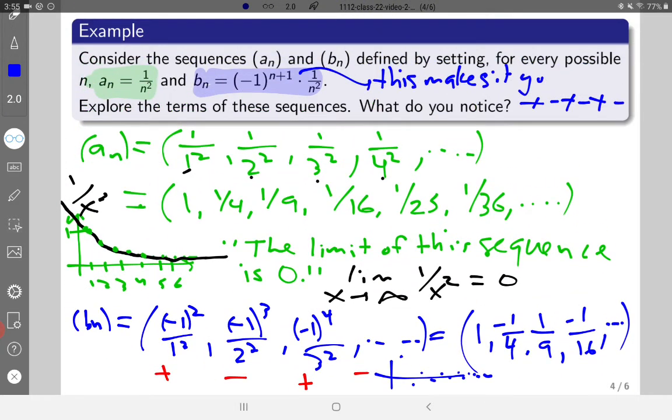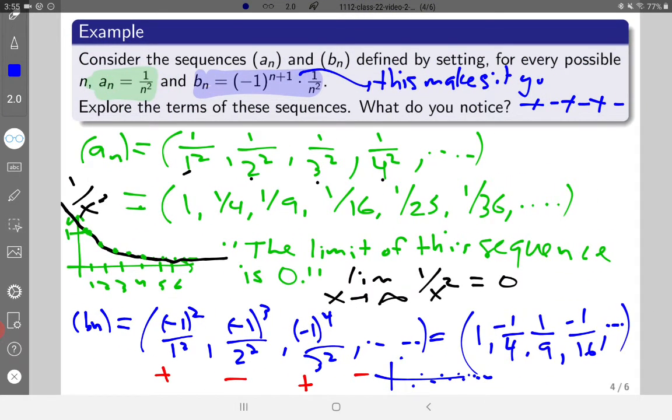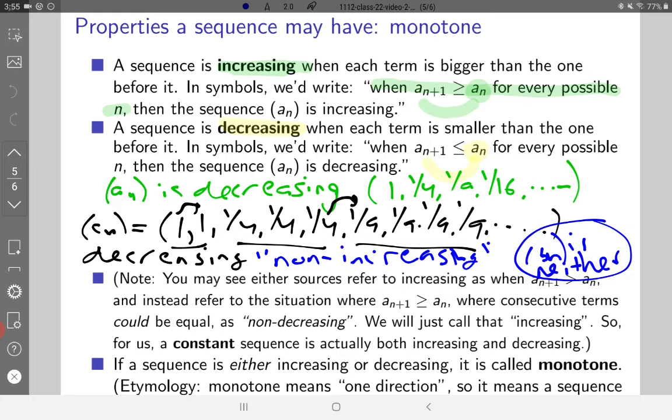So from 1 it dropped to become negative a quarter, and then it rose to become positive 1/9, and then it dropped down to negative 1/16, and it would keep going up and down. I can see that from the graph. It went down, up, down, up, down, up, and so on. And so it's not rising always, or it's not falling always. So that Bn from the previous slide is neither, it's not monotone.